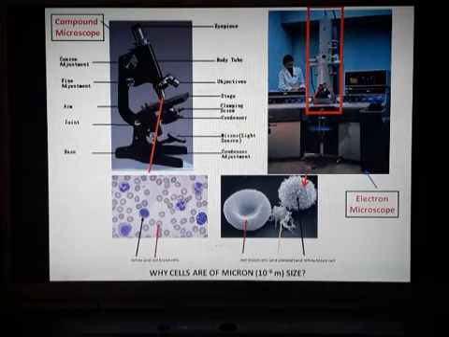If they are very big, they will take more time, and it is difficult for the nutrients and gases to move in and out of the cell. So microscopic size helps them to do these processes very fast. That's why they are of micron size.